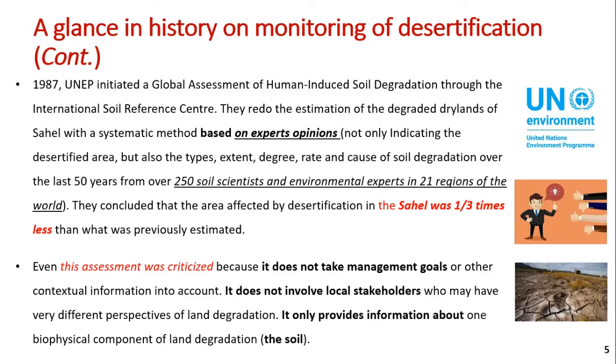What exactly are the causes of the land degradation over there, and at what rate, and so on and so on. So at the end of the day, they concluded that the previous estimate, which was 3,970 million hectares, was overestimated. It means that the real size of the desertified area is about 3 times less than previously estimated.